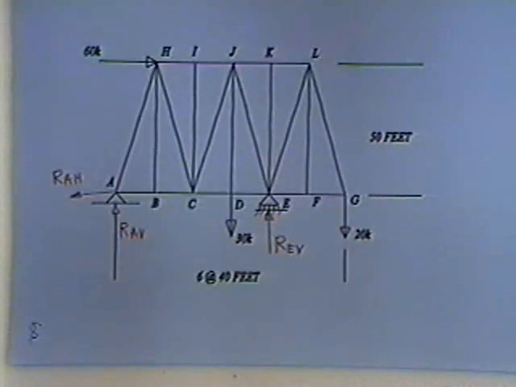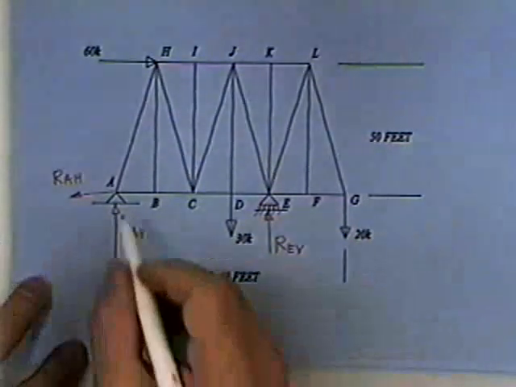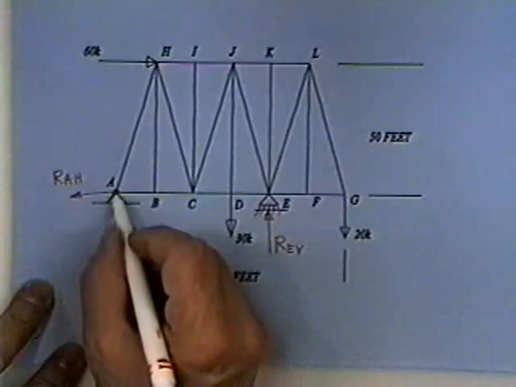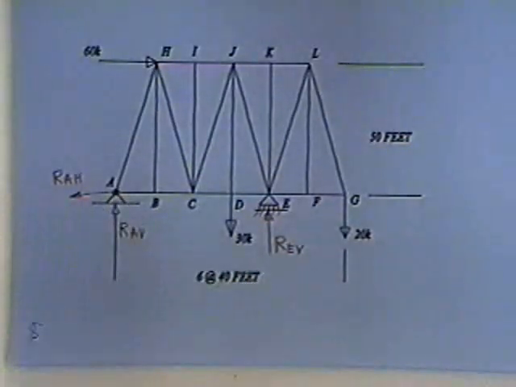I wouldn't sum forces vertical first. There are two unknowns in that direction. So it would be a good equation, an honest equation, a legal equation, but it wouldn't be a useful equation. Sum of the moments is always the most powerful equation you've got. Two unknowns come through point A, and therefore that's where I'm going to sum moments about.